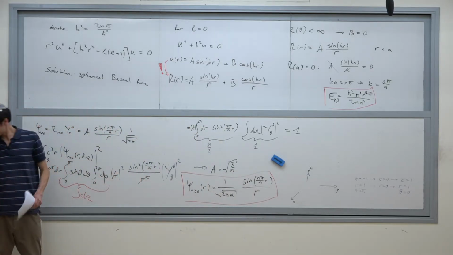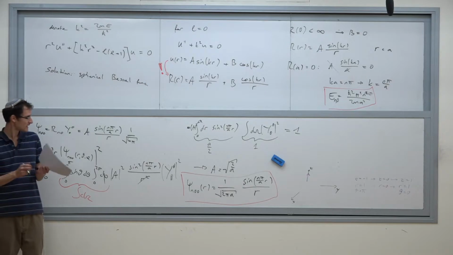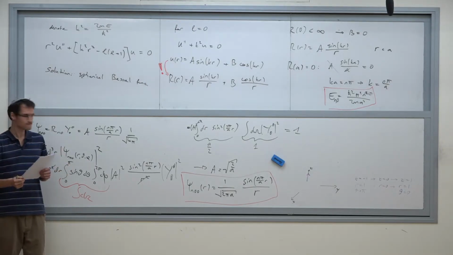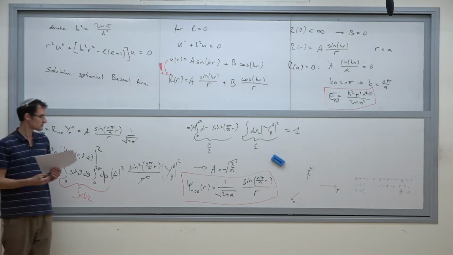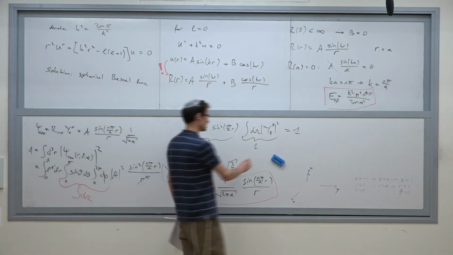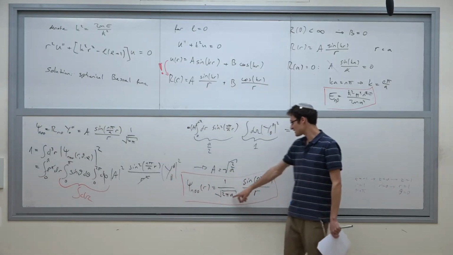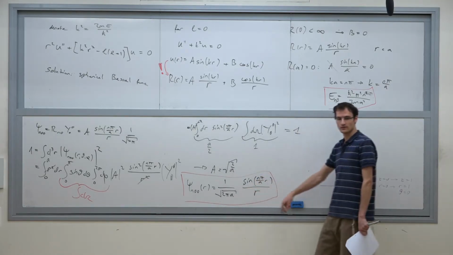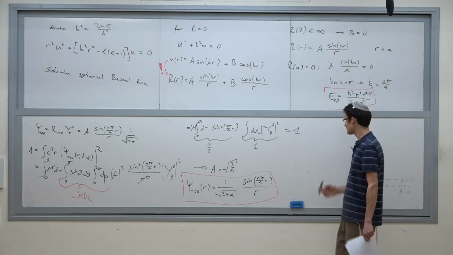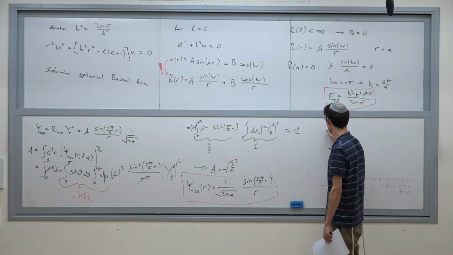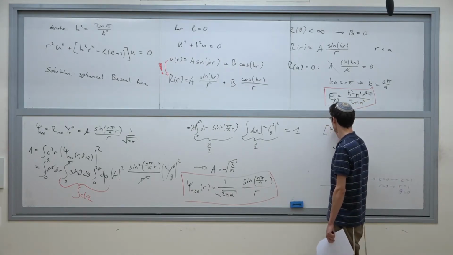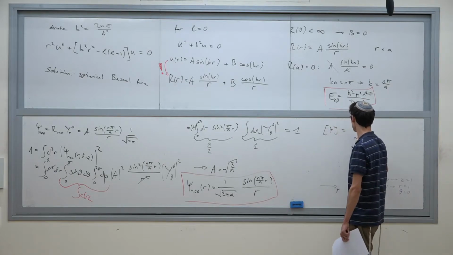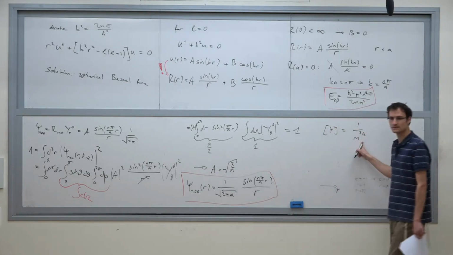What are the units of this eigenfunction? 1 over square root of length. No, it's not 1 over square root length. Notice there's a square root of a here, and there's an r here. So it's 1 over length to the 3/2; the dimensions of psi are 1 over meter to the 3/2.